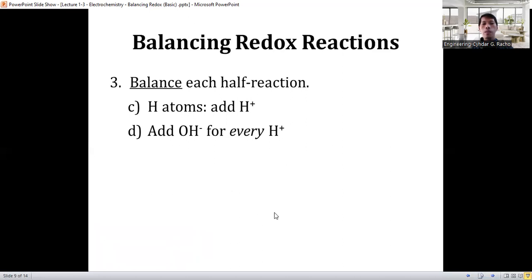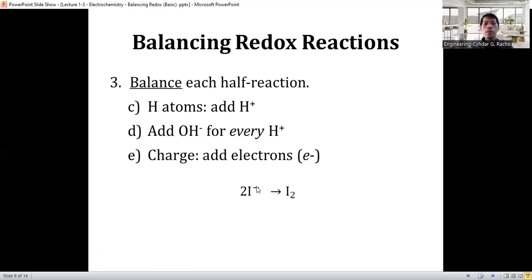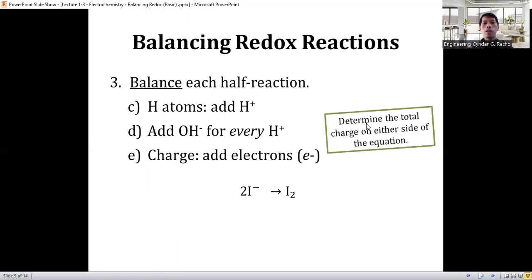Okay, so moving on, the charge, let's balance the charge. In order to balance the charge, we can add electrons. So here is the charge balance. Let's check. We have 2, we have wala. So we can add electrons, determine the total charge on either side of the equation. So here we have -2, here 0.